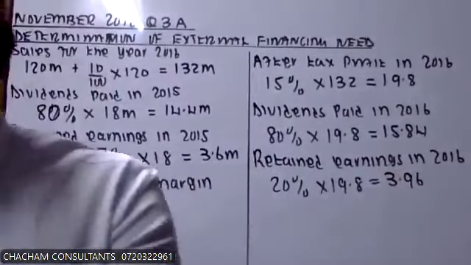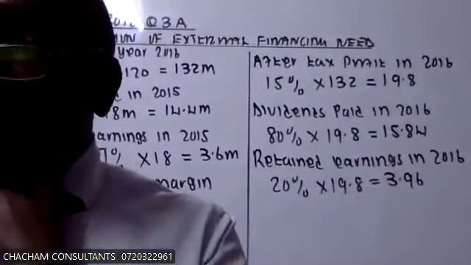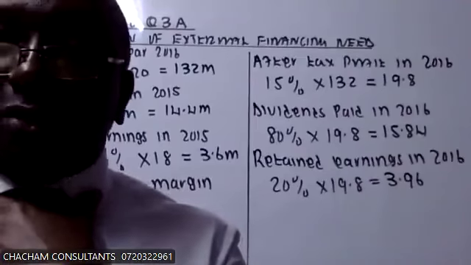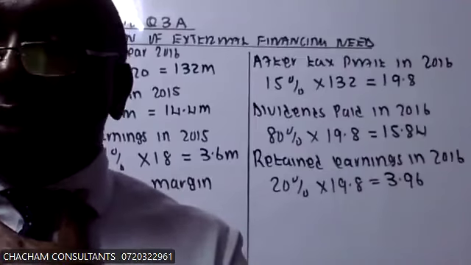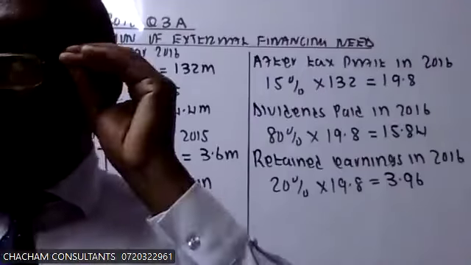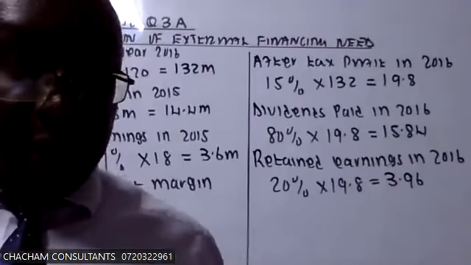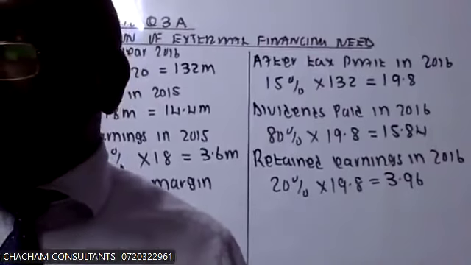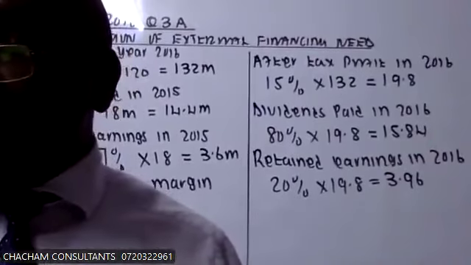The next information says assets are expected to vary directly with sales. So what that means, the percentage of the change in sales will also be reflected here.